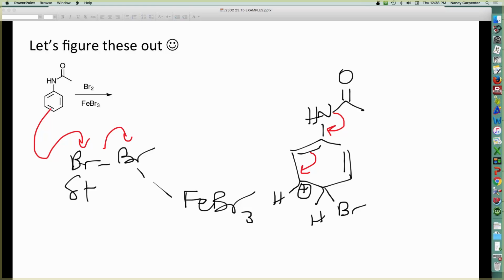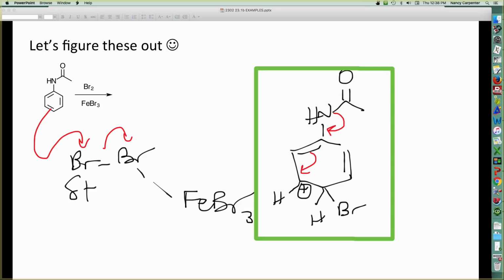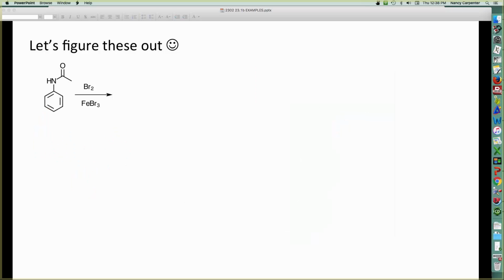So this is a good thing. This is a stabilizing thing. This strongly implies that my acetamide substituent will be an ortho-para director. Okay, so that's one way of looking at it, looking at the stability of the carbocation intermediate. And that's absolutely correct. That's a perfect way to look at it.